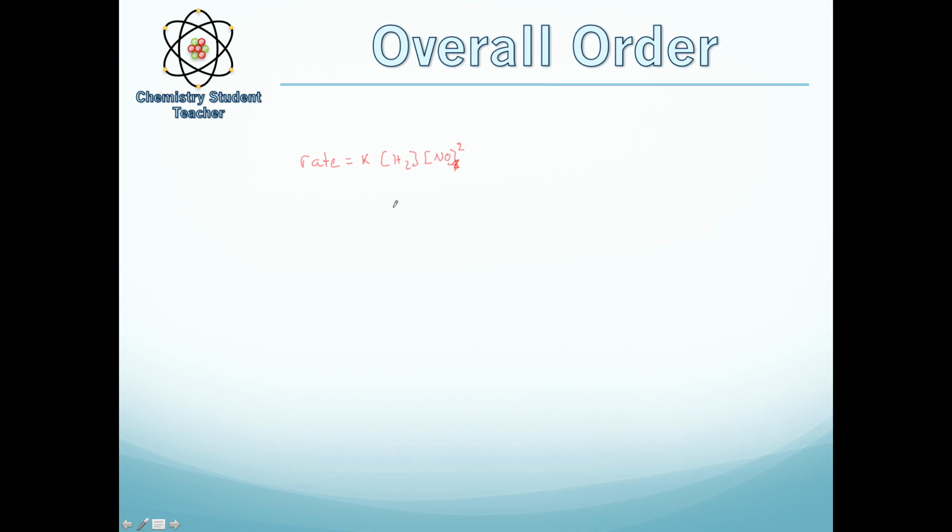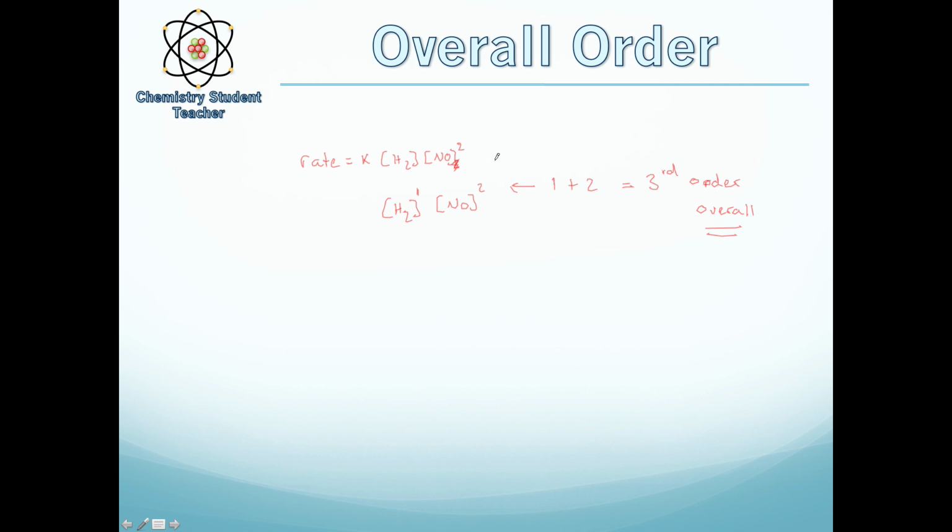That's equivalent of writing H2 first order and NO second order. Now how you get the overall order is just simply to add those. So it's the first order plus the second order, which is a total of third order overall. It's nice and simple. You can just simply add them together.